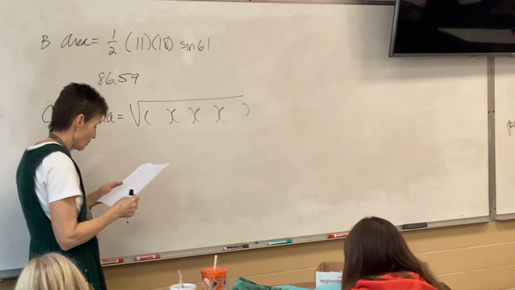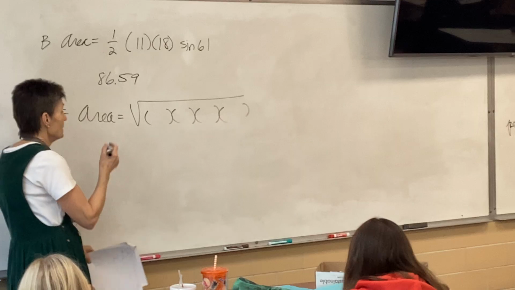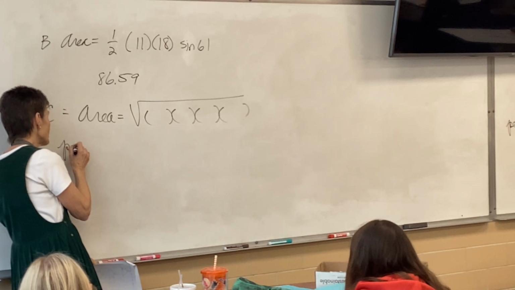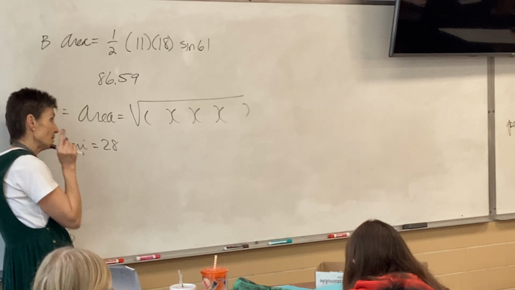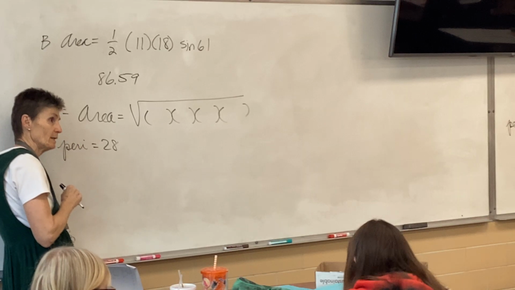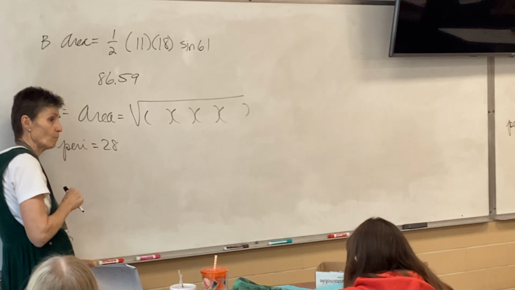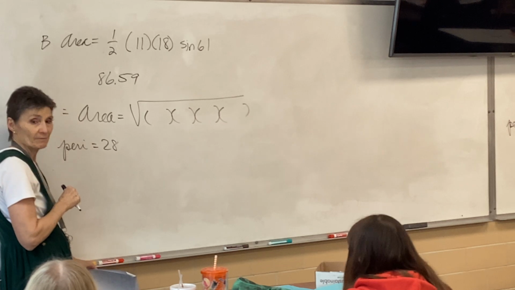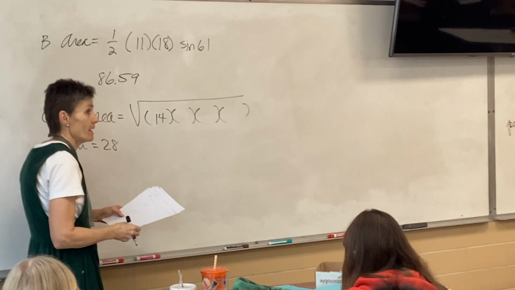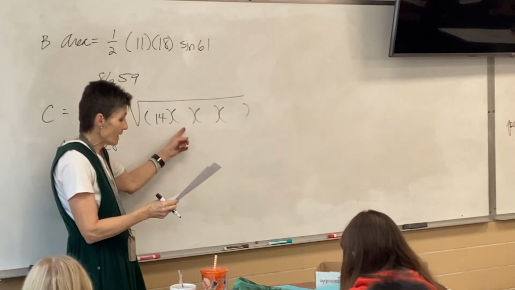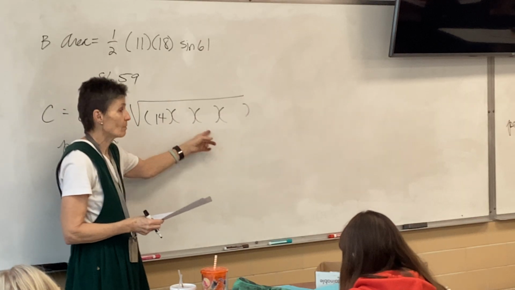So it looks like we get 28. Now, caution, caution. That's the perimeter. The perimeter does not go into your formula. What goes into your formula? Half of it, the semi-perimeter, so 14. Then, do not put 8, 9, and 11 in here. That's not what goes here.